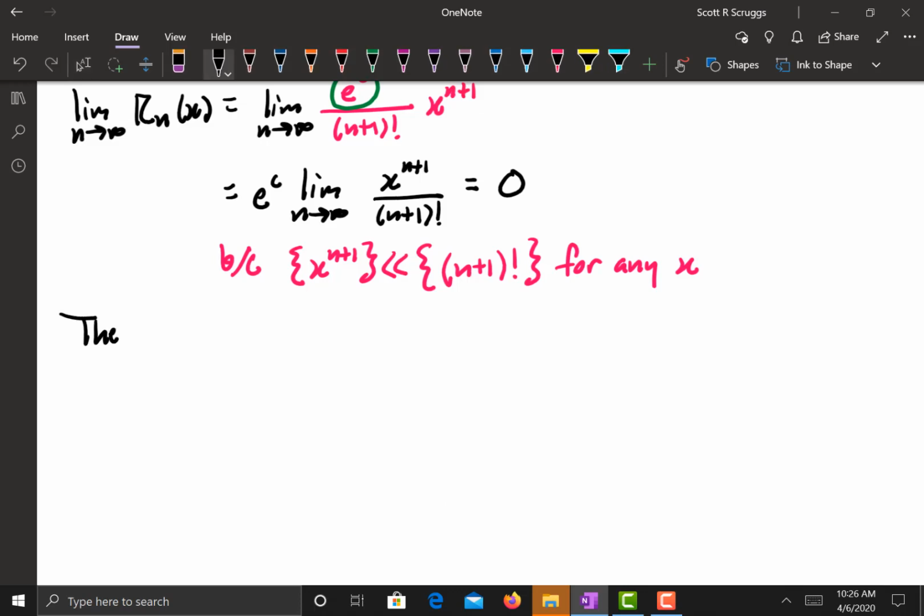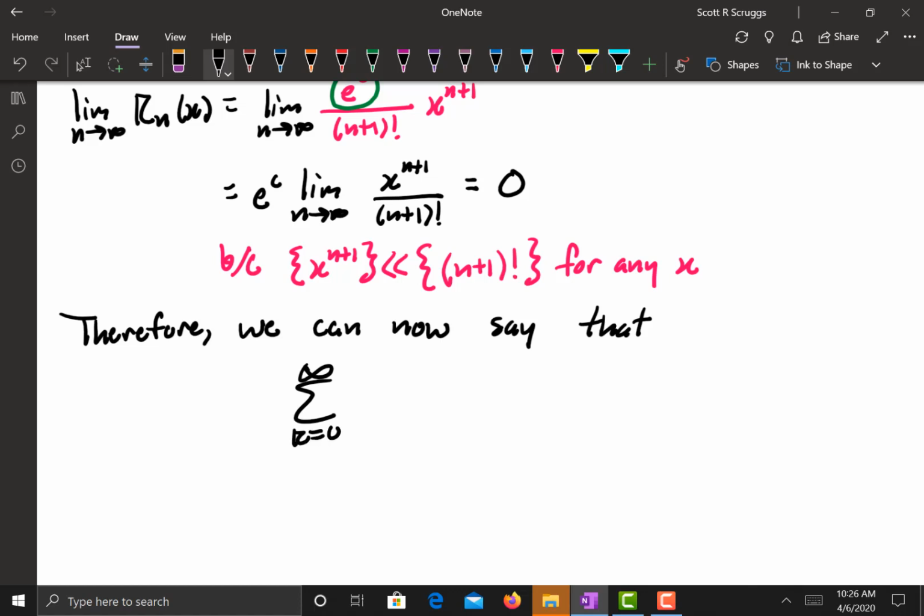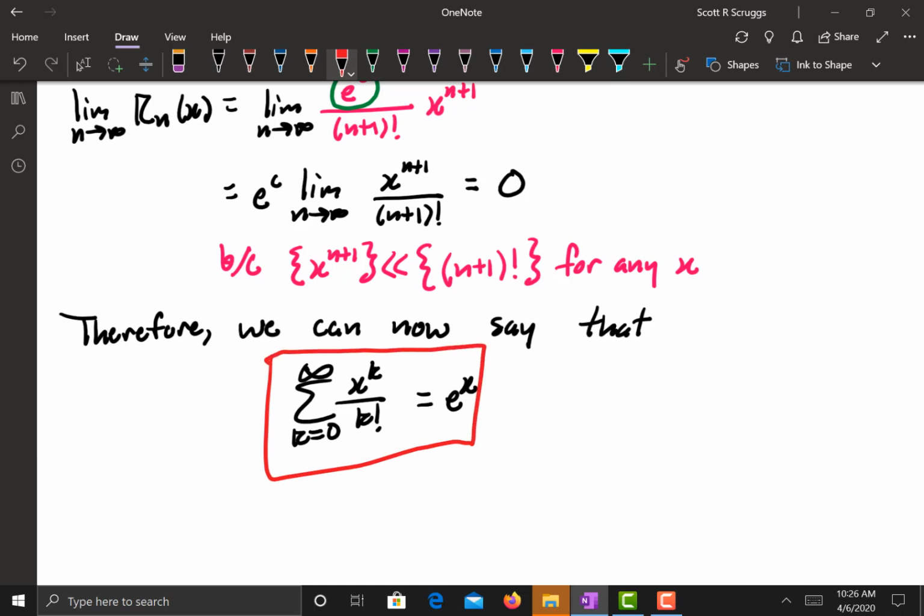So therefore, we can now say that the sum of x to the k power over k factorial, the Taylor series, we can now boldly say that that equals e to the x, because now I know that the remainder goes to 0.